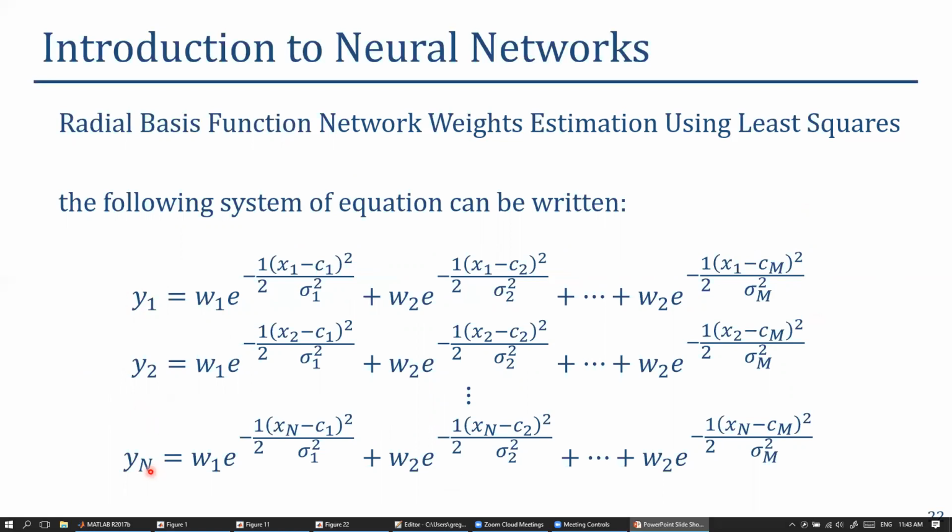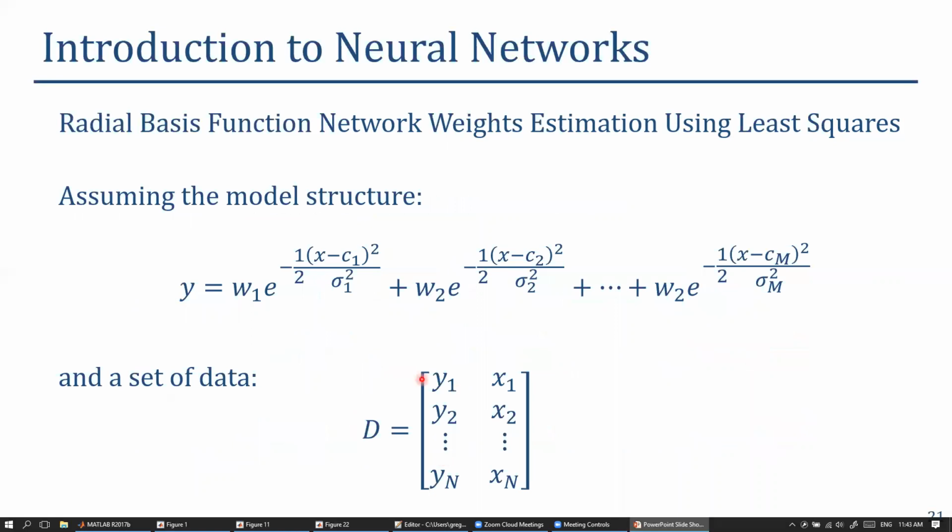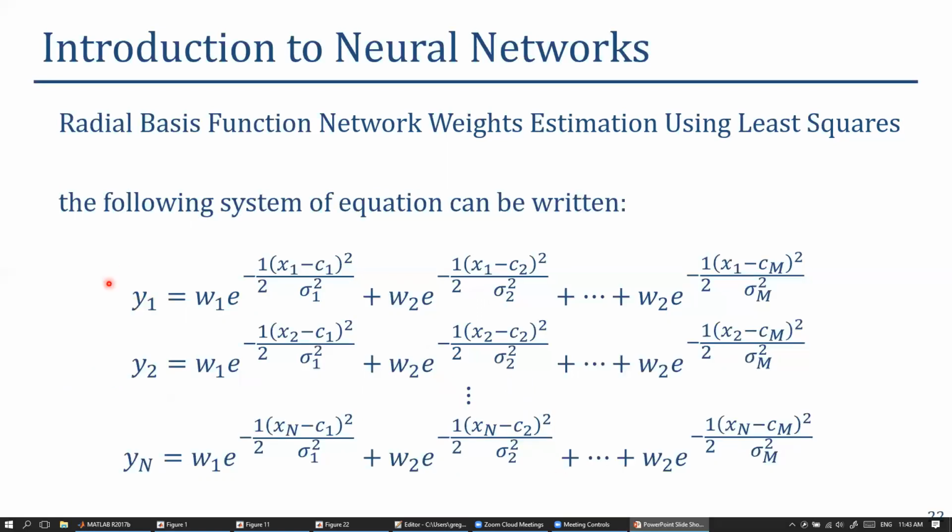The measurements of the y are here, and the x's are here. This x1 is the first data point, right? So you have the data arranged into the matrix: the first xy data point, second xy data point, the last one, and they go like that.